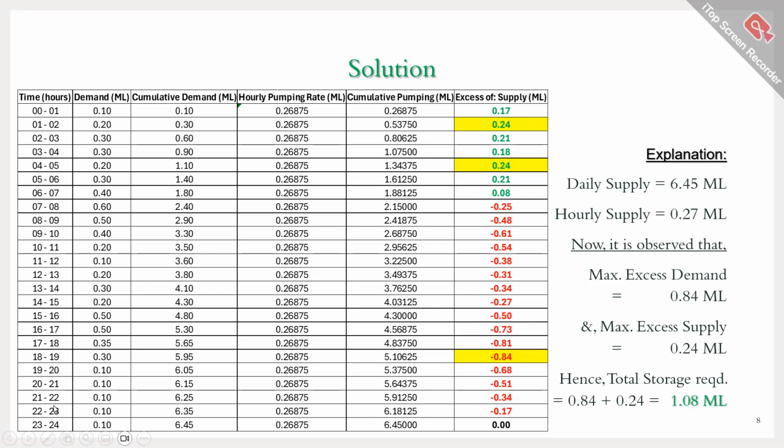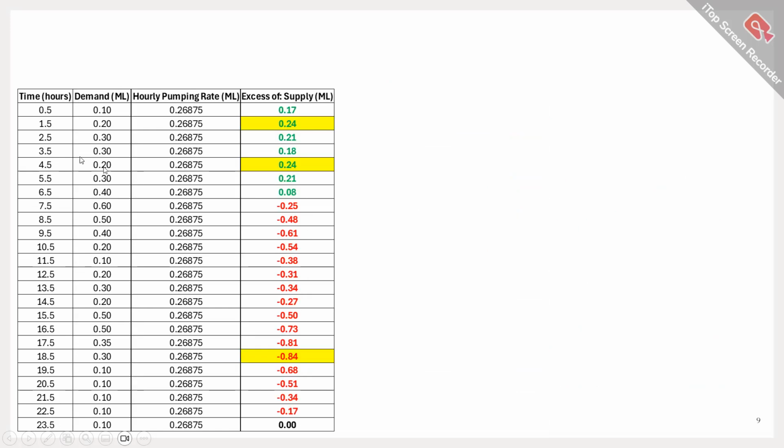From 22 to 23 the midpoint will be 22.5, and from 23 to 24 it will be 23.5. In this way we modified the time column. It ran from 0.5 to 23.5.